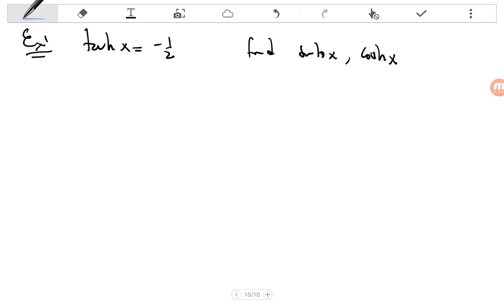Now let's use the fake triangle, and putting in mind that a tanh has the same sign as the sinh, and the cosh will always be positive and greater than 1. Okay, so let's make the fake triangle, which I would highlight the adjacent side. Tanh equal to 1 over 2, it will just be like this.